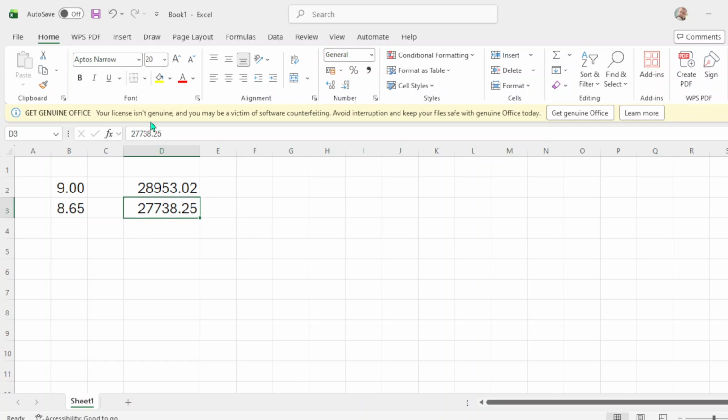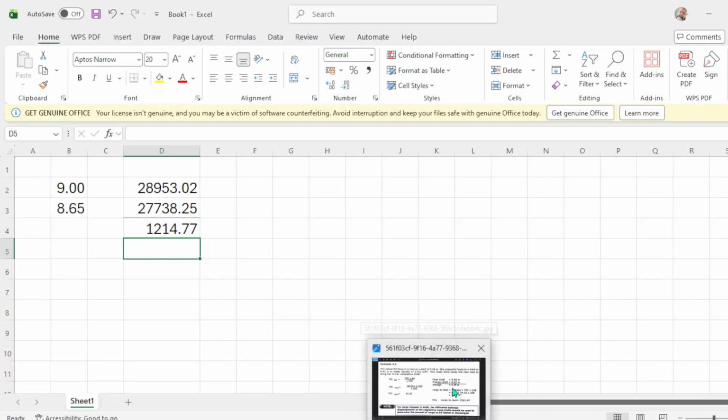So for this one, the displacement at 9 meters minus this one, that will be 1215.